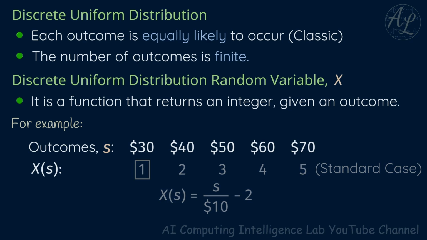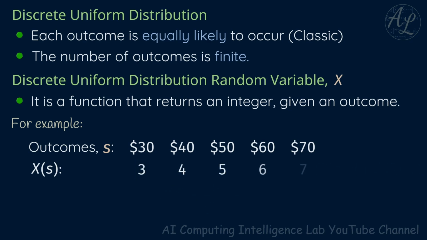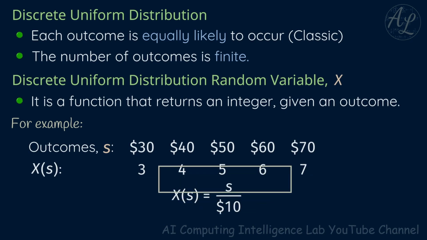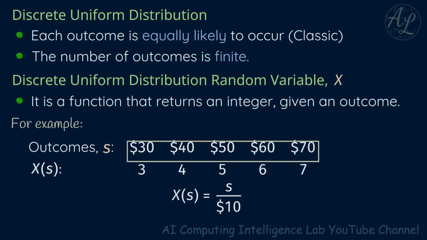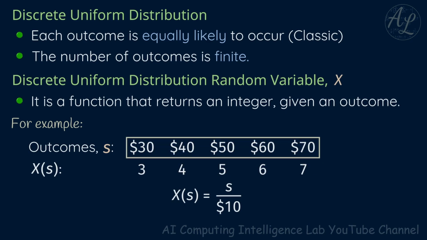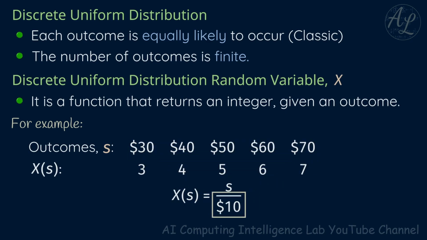Here, we can also start from 3. So we have changed the values of the random variable, and they are now from 3 to 7, instead of from 1 to 5. It's no longer a standard case. And we can also update the expression of the random variable. To get the values here, we just need to divide the outcome by $10.